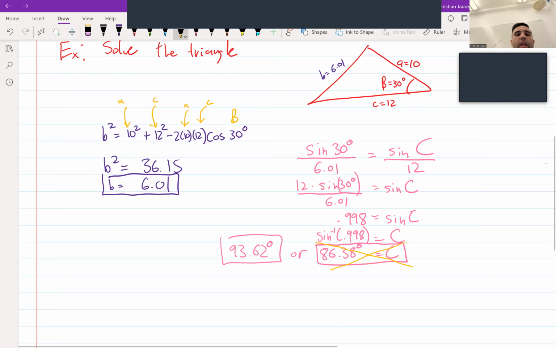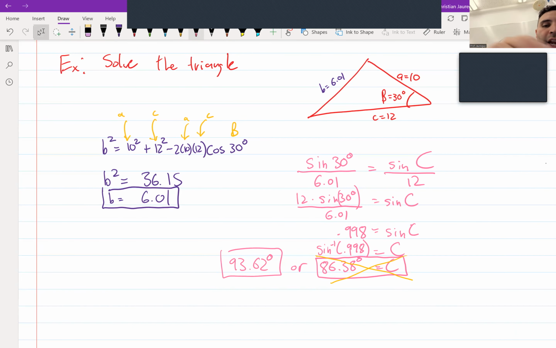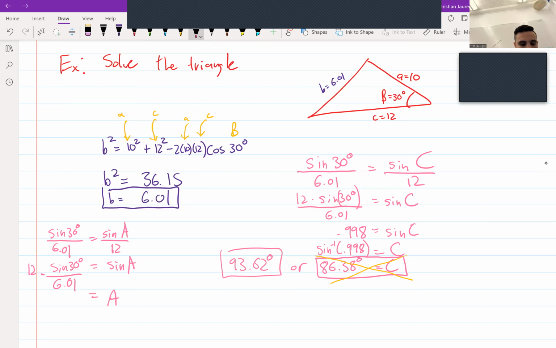Because if we were to run law of sines on the other angle, so if I said sine of 30 over 6.01 equals sine of big A over 12, and just run the same thing, you'd very quickly see, just running that calculation, 12 times sine of 30 divided by 6.01, and you get, oh, not 12.